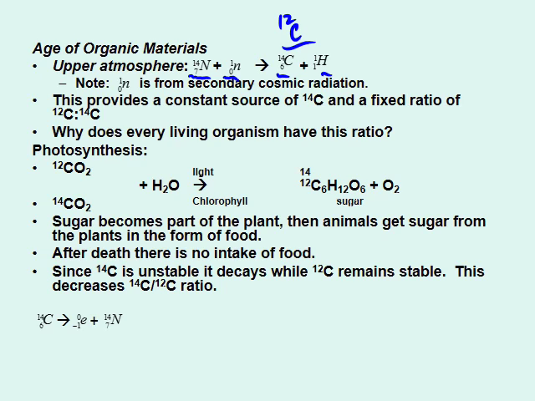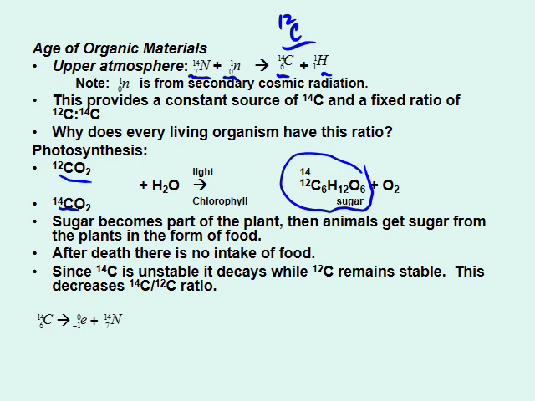Carbon 12 as well as carbon 14 combine with oxygen, giving two kinds of carbon dioxide: carbon dioxide with carbon 12 and carbon dioxide with carbon 14. In presence of water and light, the green plants, which have chlorophyll, convert carbon dioxide into sugar or glucose, and this is the sugar we're looking at.